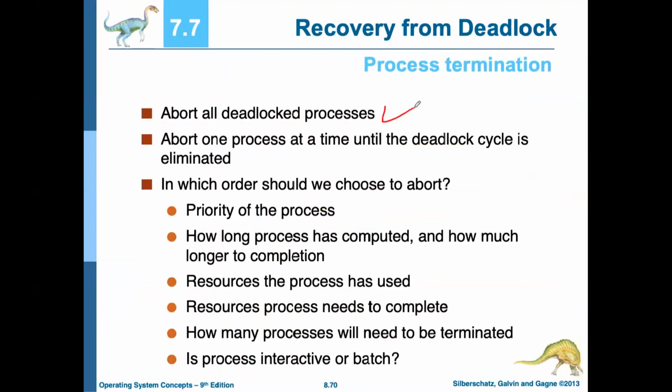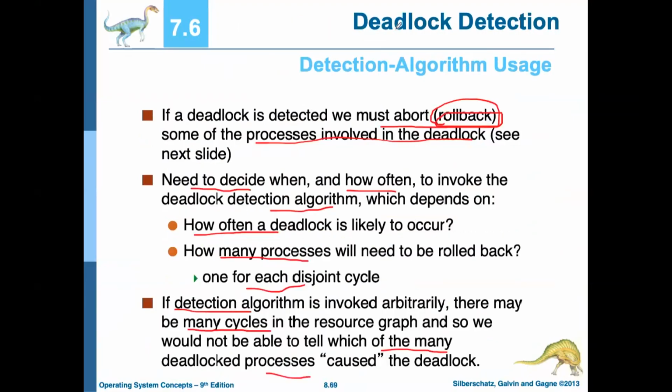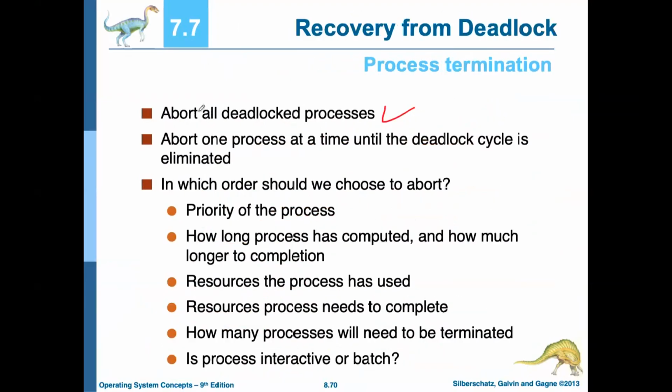Okay, so this is how to recover from deadlock. Next, we need to abort one process at a time until the deadlock cycle is eliminated. In which order shall we choose to abort?